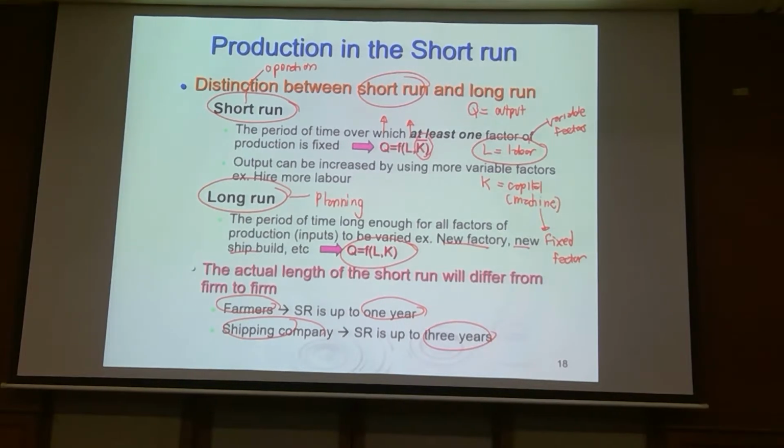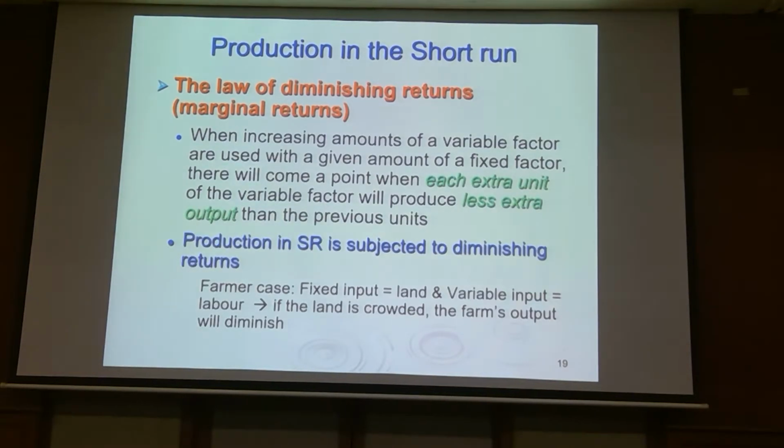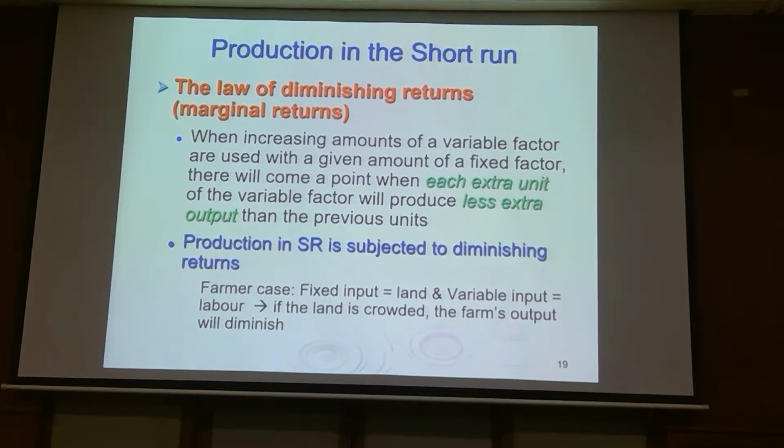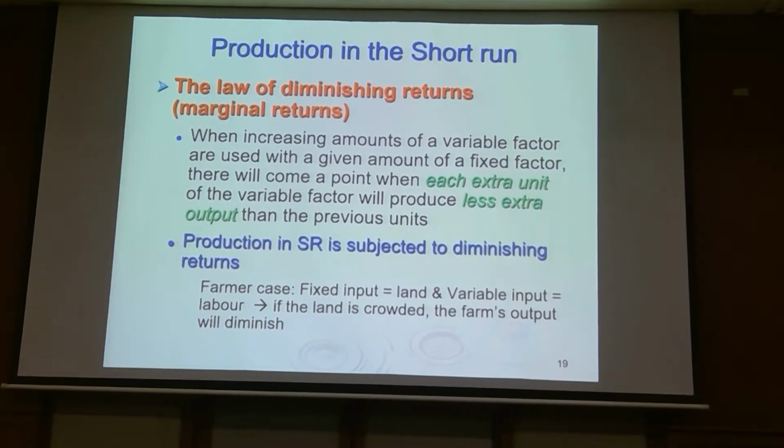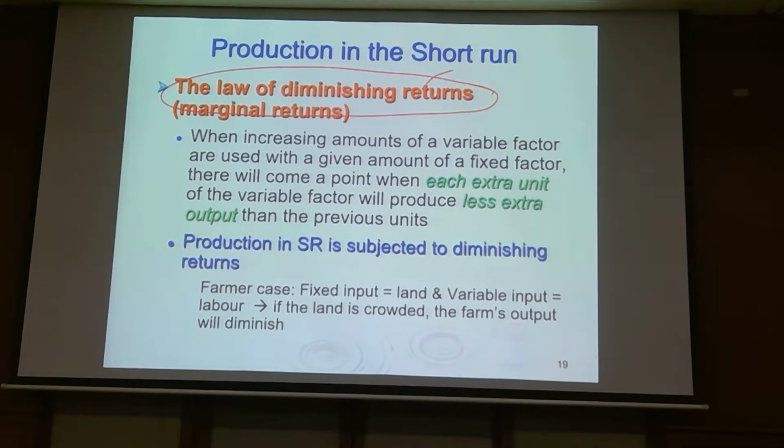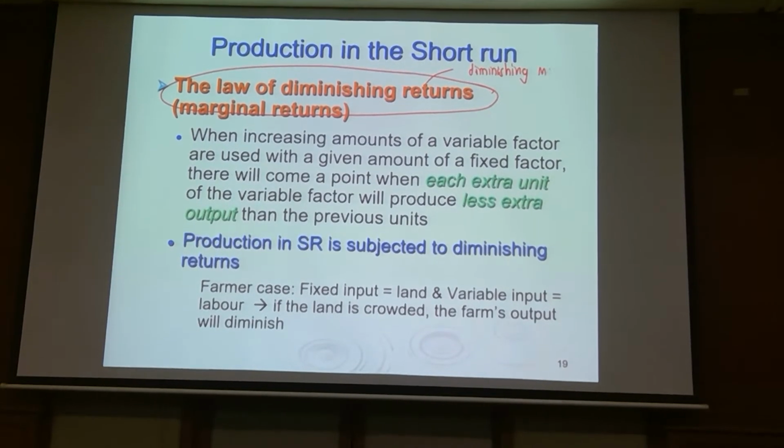So when we talk about production in the short run, why do we eventually face a situation of rising costs normally? This is due to what we call the law of diminishing return, or sometimes we say the diminishing marginal product.